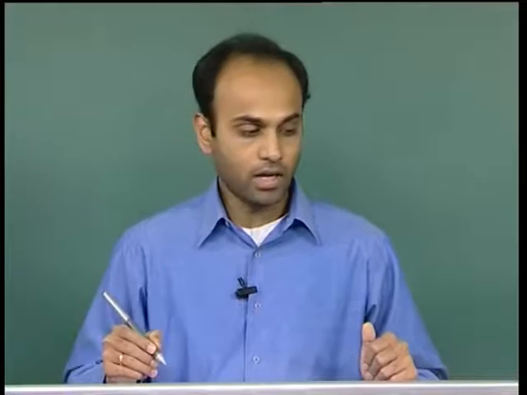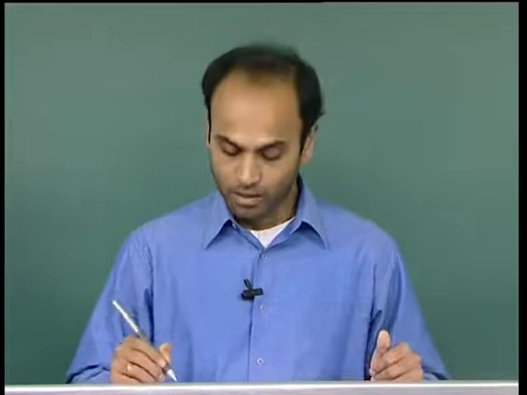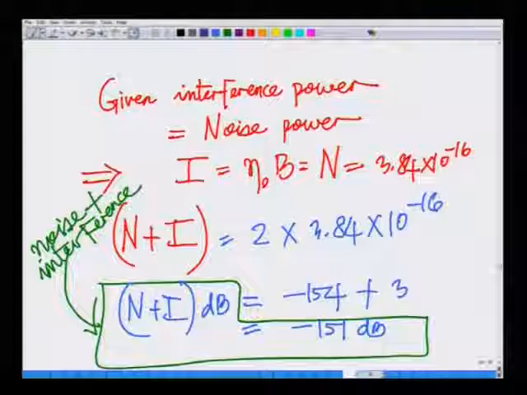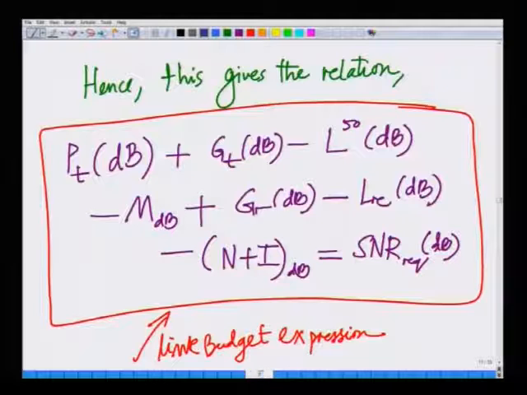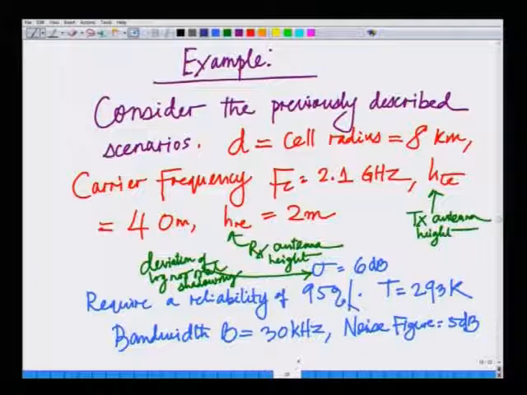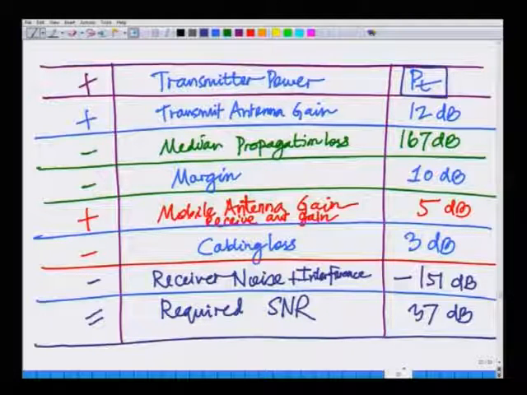So, it is a very intuitive and simple formulation of the link budget analysis, and then we looked at an elaborate example of the link budget analysis comprising several components, that is the path loss, the margin, and so on. And finally, we listed these different components in the link budget, where we have to compute the transmit power.